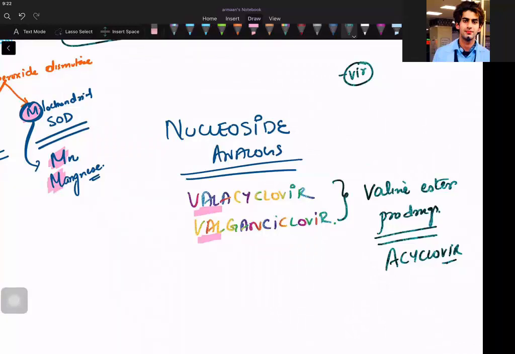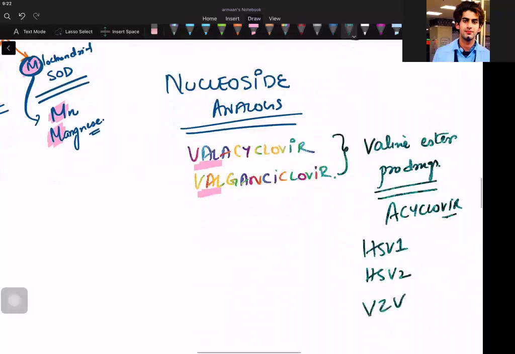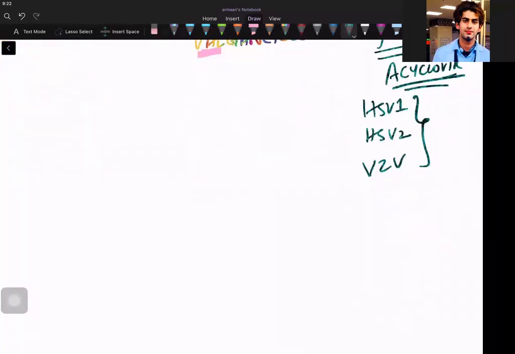So when we are treating HSV1 or HSV2 infections, or varicella zoster, VZV, chickenpox, and the reinfection I have taught you, the shingles, we usually give acyclovir. The prodrug of this acyclovir is valacyclovir. And then we have some other drug, that is ganciclovir.